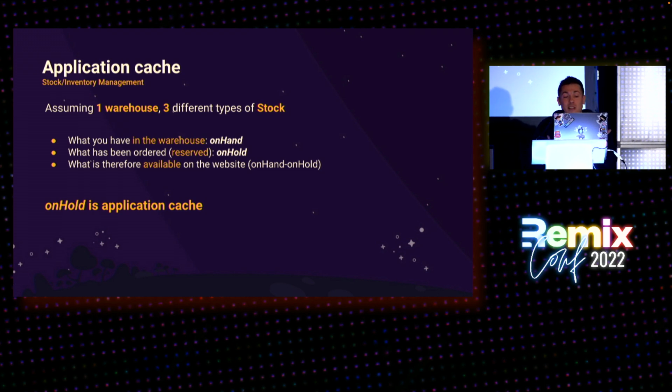To get the stock that has been reserved, most projects that I've seen before are doing that on the fly. They fetch all the orders that have been placed, compute the quantity, and then do the subtraction.